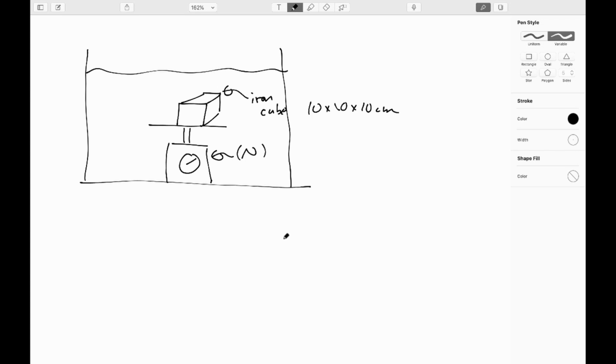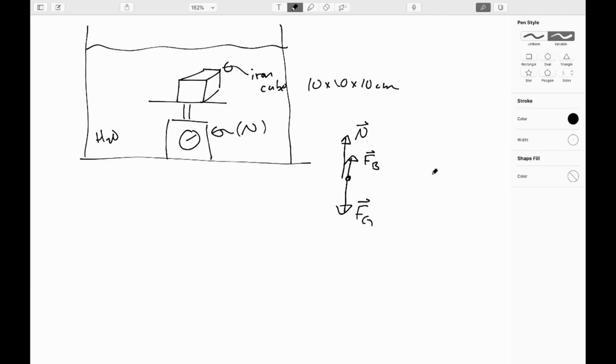Well, let's start by drawing a free body diagram for the iron cube. So we will have one force acting down on the iron cube. That will be gravity. Because we're submerged in water, we will also have a buoyant force up on the iron cube. And then finally, we will have a normal force acting on the cube as well.